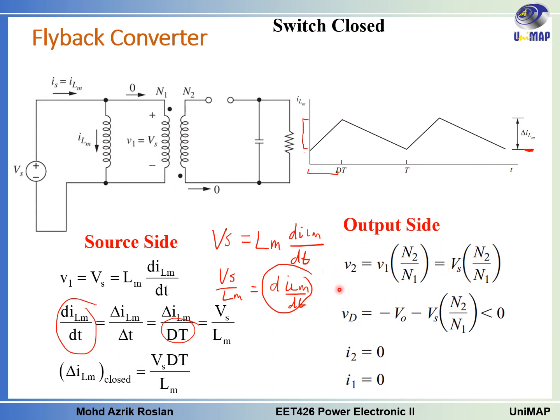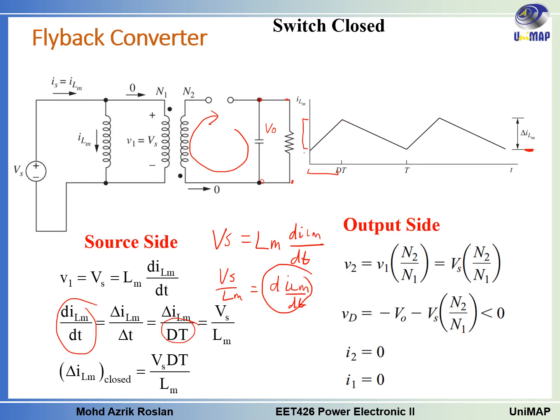Now the voltage VD is the voltage across the diode here. To find that, you have to do KVL around this loop. Here we have the V out at this point, which is the same as the voltage across the capacitor.